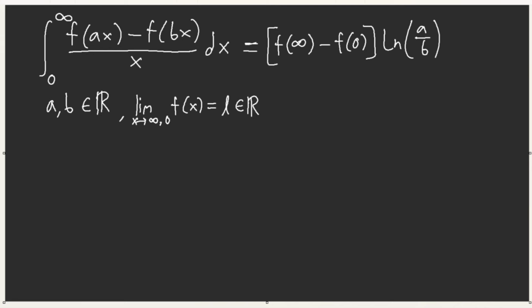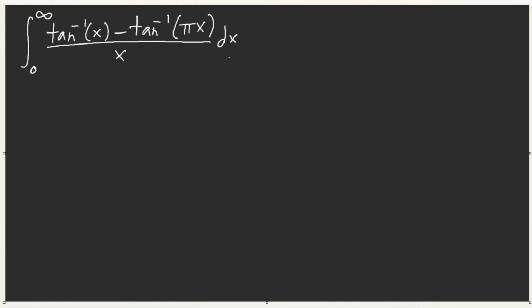You're just computing the limit of f as x approaches infinity, the same for 0, and then the coefficients a over b.